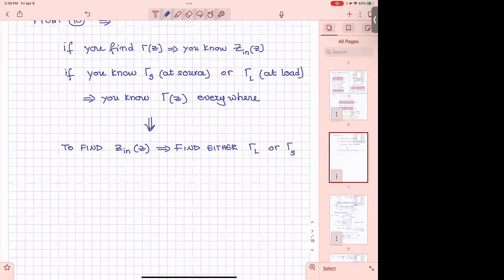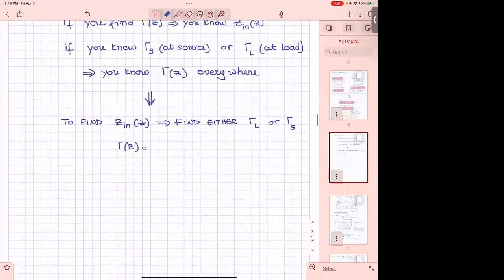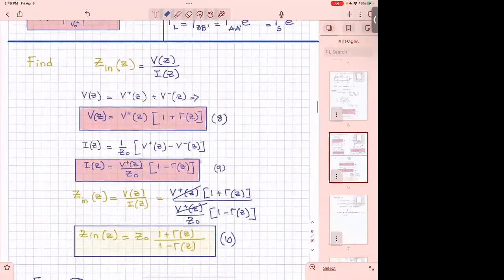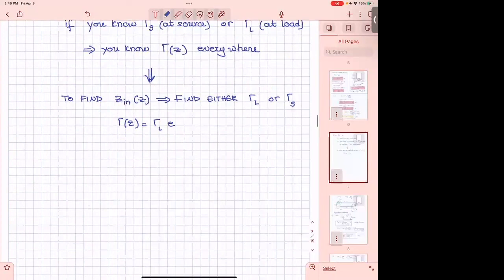Because from gamma L, you know that your gamma Z is your gamma L e to the minus j 2 beta L. L is the length of the line.